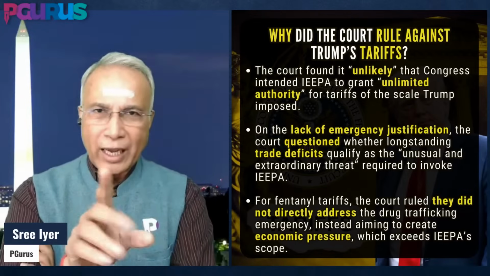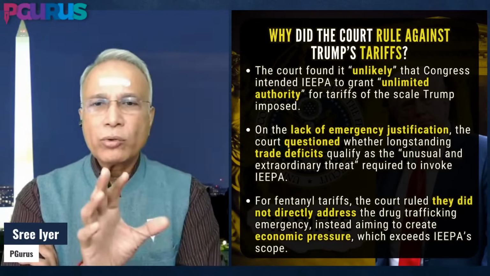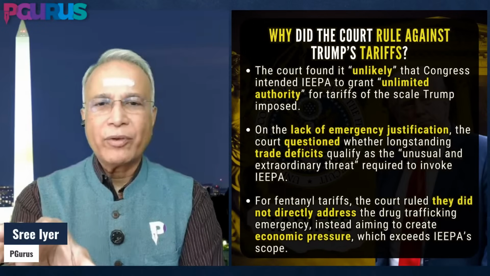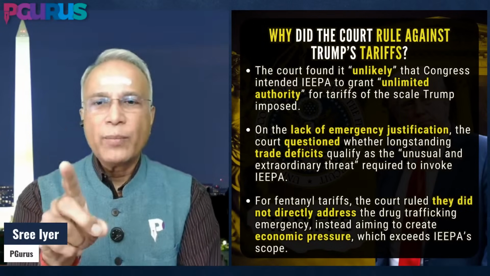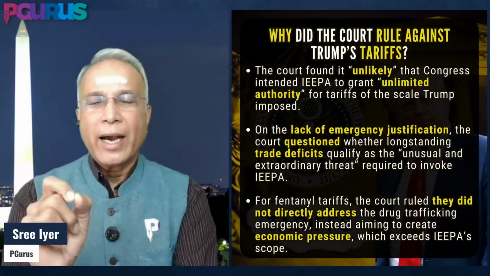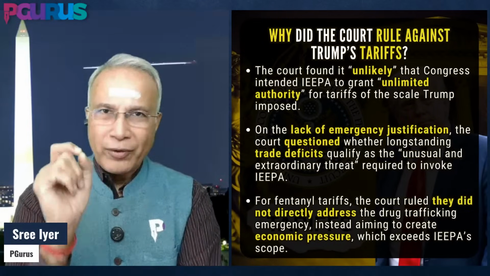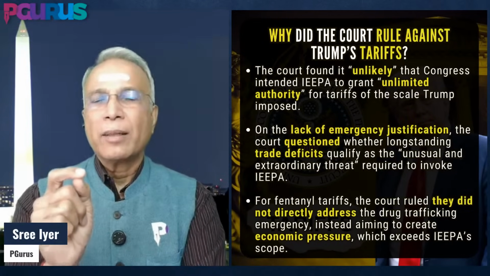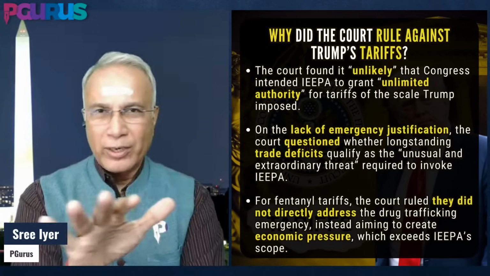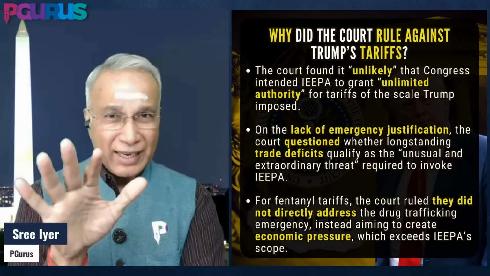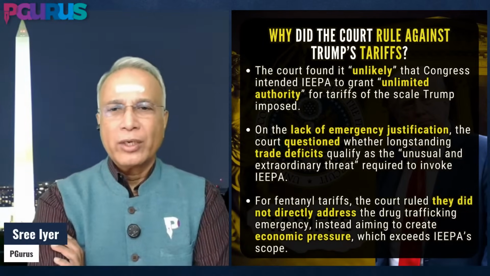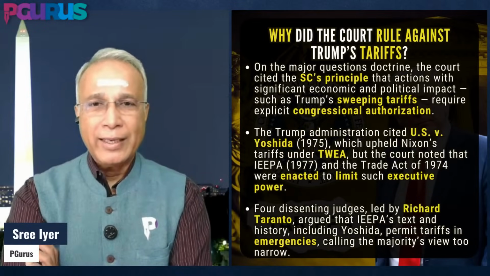So for fentanyl tariffs, which is a separate category, the court ruled they did not directly address the drug trafficking emergency, instead aiming to create economic pressure which exceeds IEEPA scope. So the fentanyl part also has been struck down by the appeals court, according to my understanding. And viewers, I'm not a lawyer, but that's what it appears to be. Again, these all will be challenged in the Supreme Court of the United States, I think. Let's go to the next line.